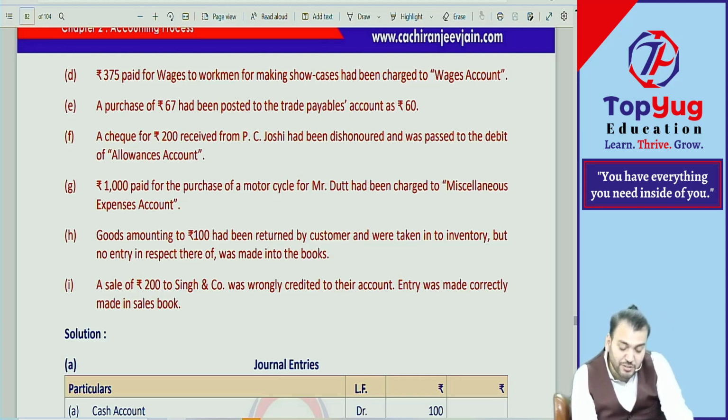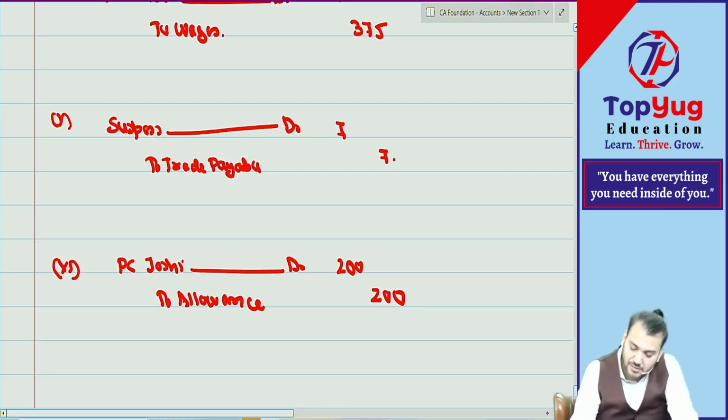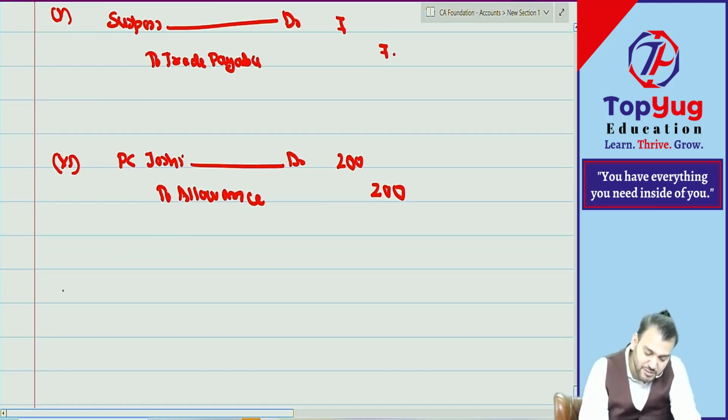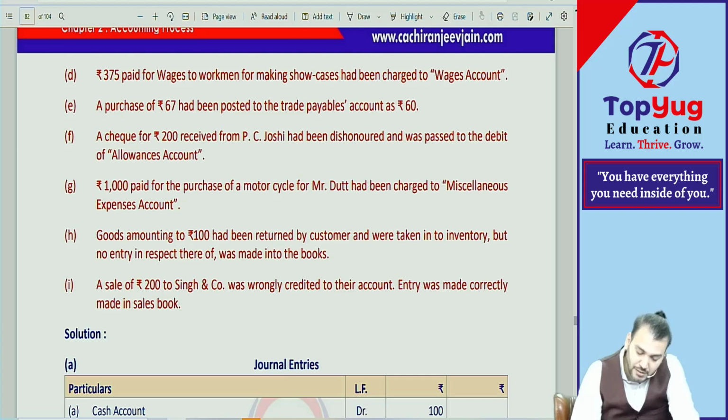Then point number G. 1000 paid for purchase of a motorcycle for Mr. Dutt has been charged to miscellaneous expense account. After doing that type of question, this is very easy. But what journal entry? Motorcycle for Mr. Dutt has been charged to miscellaneous expense.